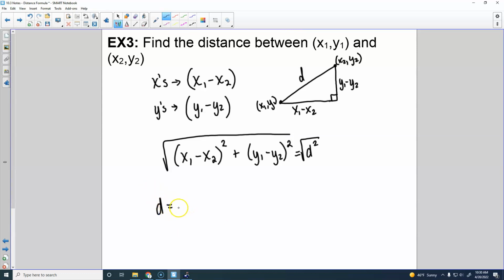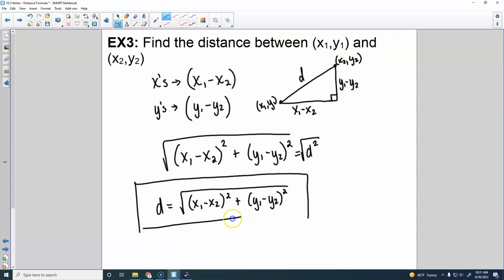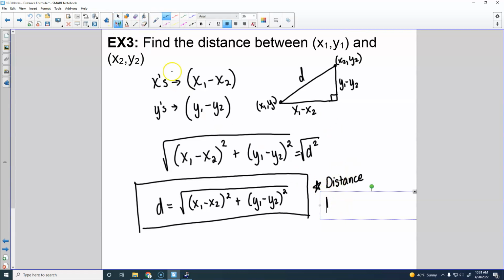D is going to equal the square root of x1 minus x2 squared plus y1 minus y2 squared. This is our distance formula. Oh, it's a hateful one.